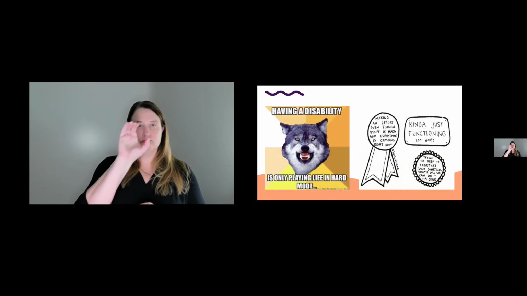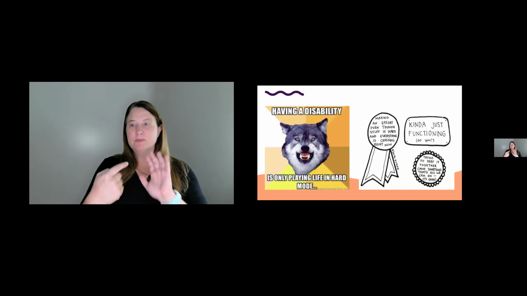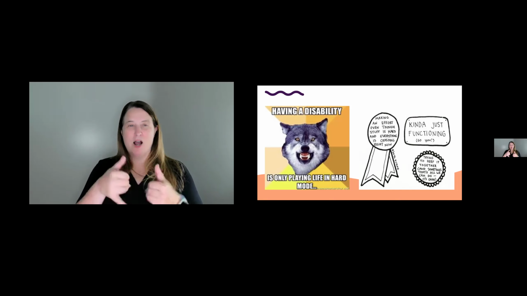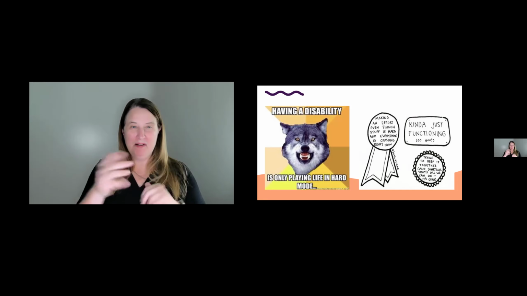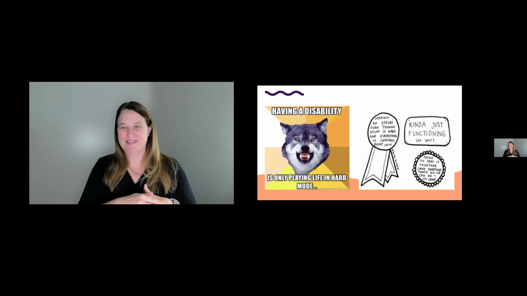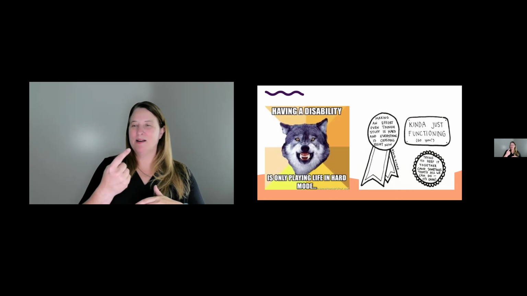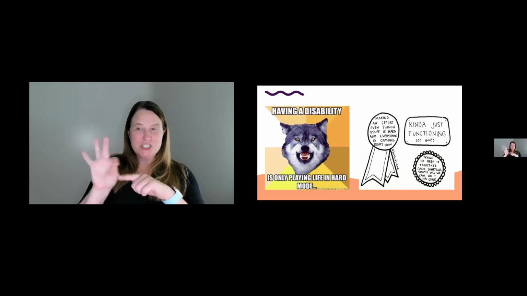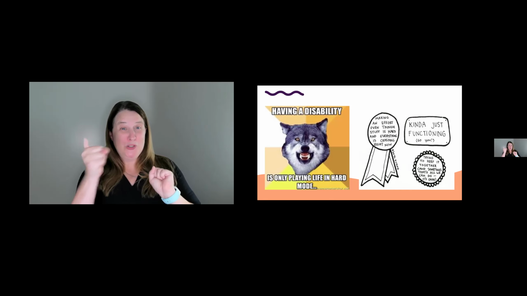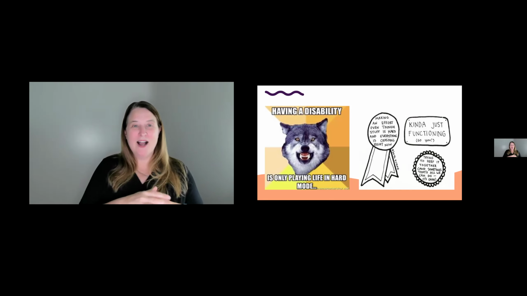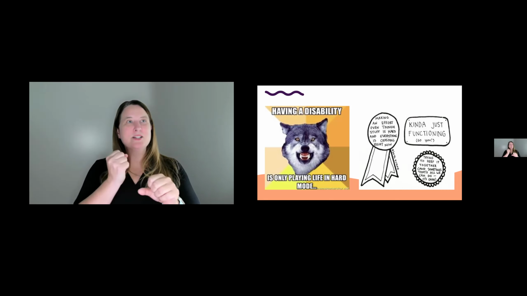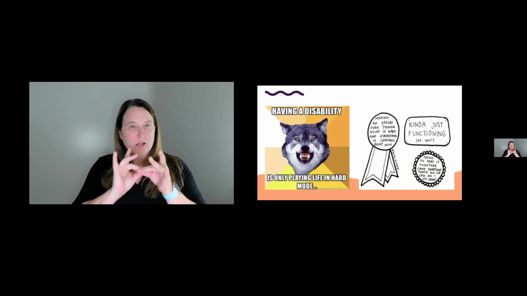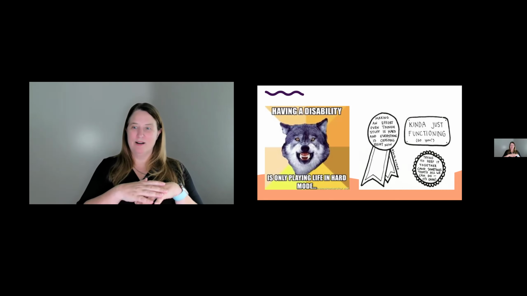Second example here, I have several little diagrams here. One looks like a little award ribbon that you might give to someone. The second one says, kind of just functioning. And then it says, go you. So it makes you feel better about yourself. So it's relatable.